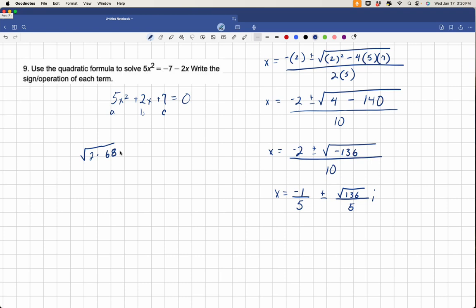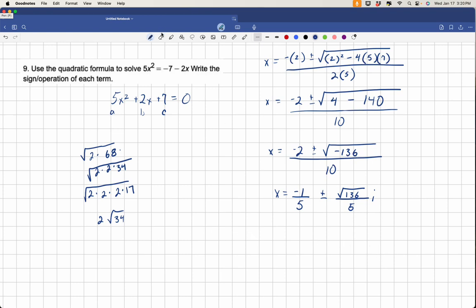We can divide that by 2, so that'd be 2 times 34, which would be 2 times 2 times 2 times 17. So we can get 2 times the square root of 34 out of that.